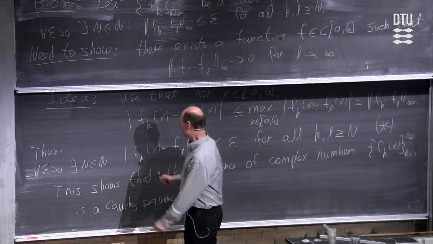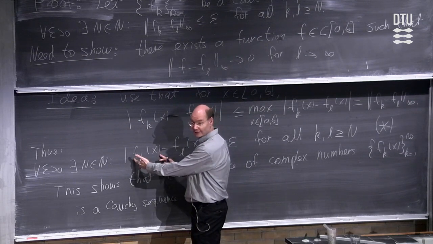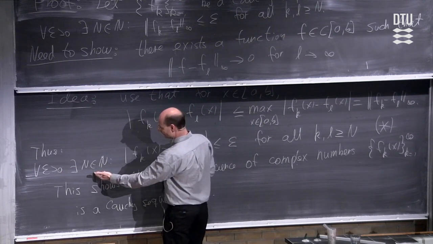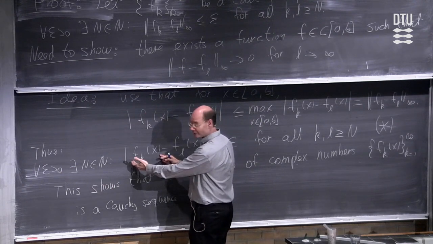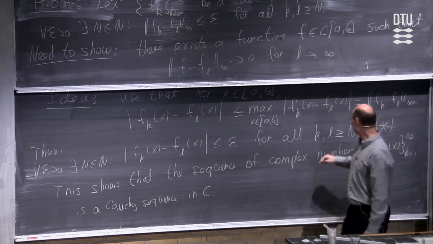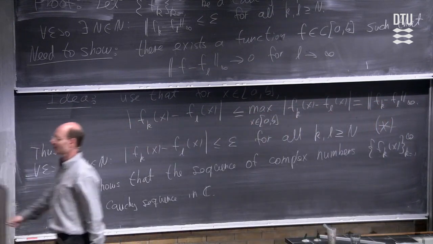When you let k go to infinity, fk of x converges to f. That means you get that for all epsilon greater than 0, there exists an n such that |f(x) - fl(x)| is smaller than epsilon for l greater than n. This is what you get out of it.